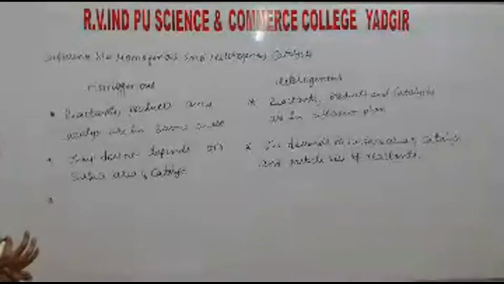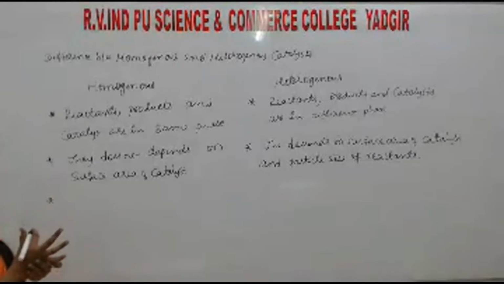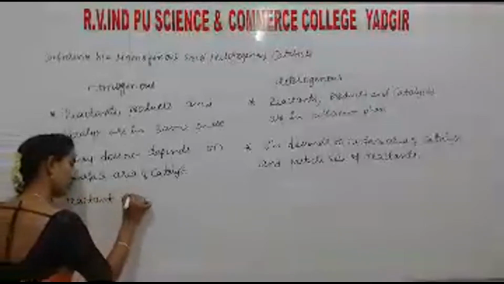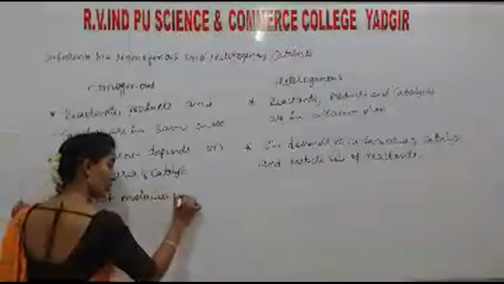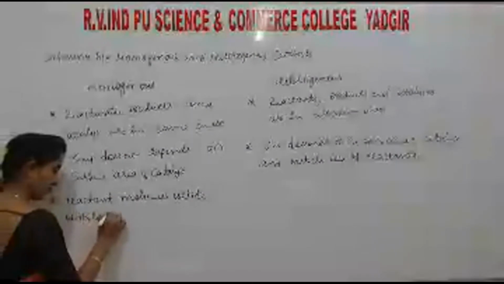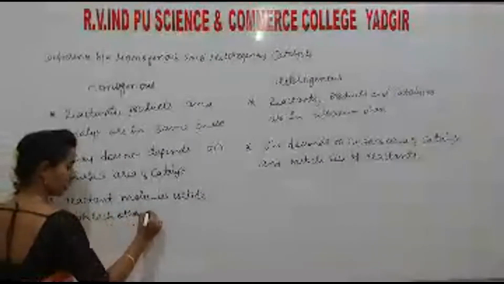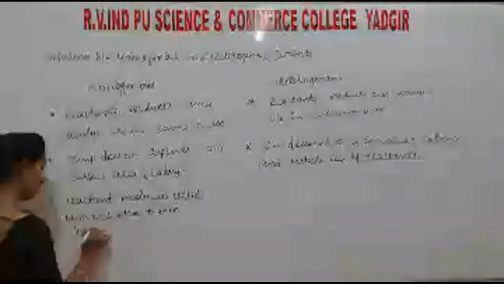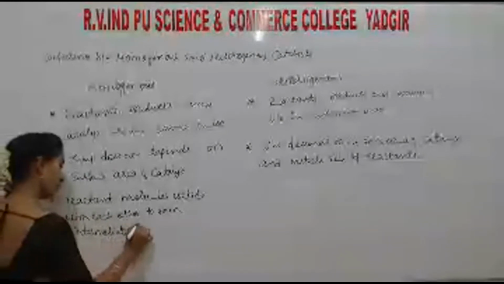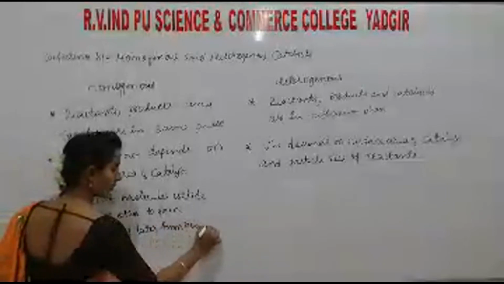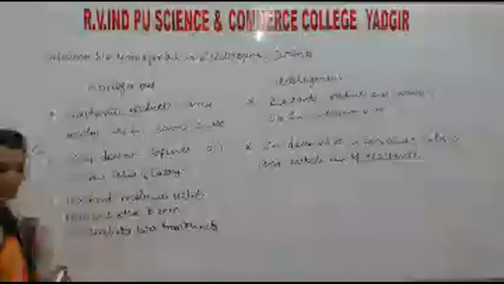Next. Reactant molecules collide with each other to form intermediates. Later form products.